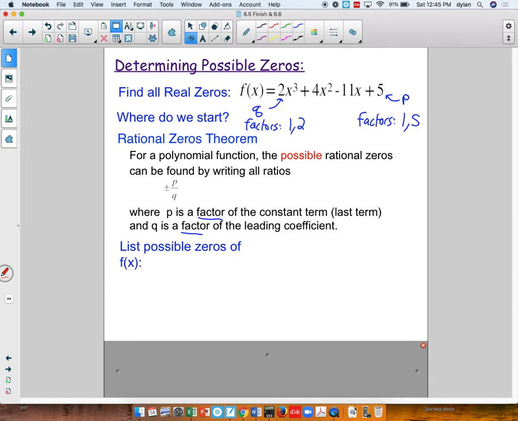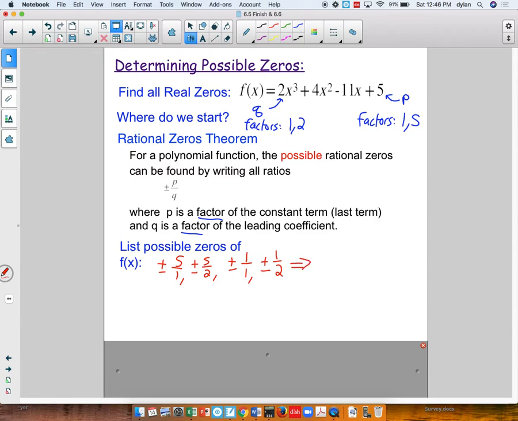So for example, if I start with 5 as the p-value, I would have plus or minus 5 over 1, plus or minus 5 over 2. And then we'd also have plus or minus 1 over 1 and plus or minus 1 over 2. These are all the different options that come from plus or minus p over q.